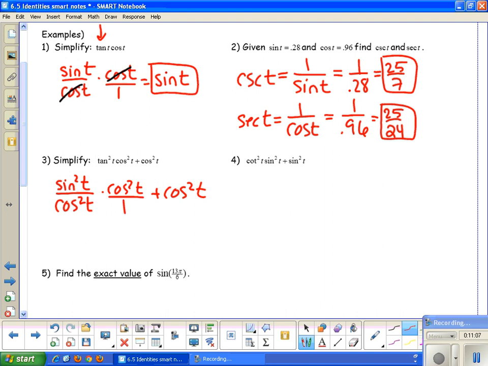Remember, this is really over 1, so that cancels out to leave me with sine squared t plus cosine squared t. Can we simplify that any further into one term? Yes, we can, because this is a Pythagorean identity. Sine squared plus cosine squared is equal to 1. So that would be the solution there.